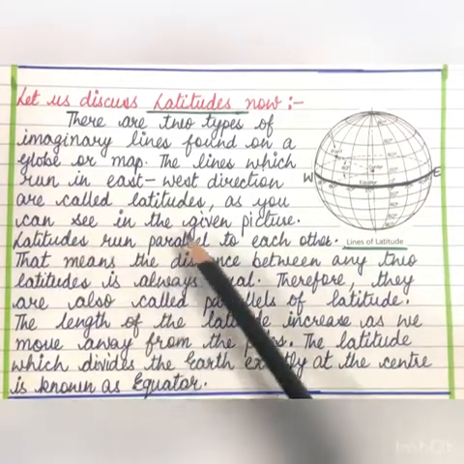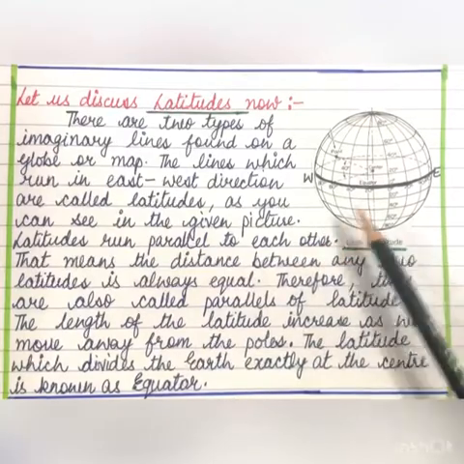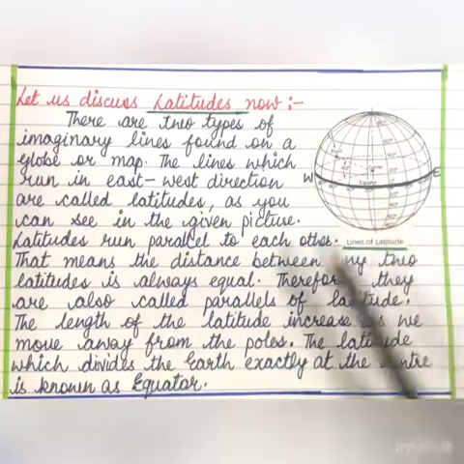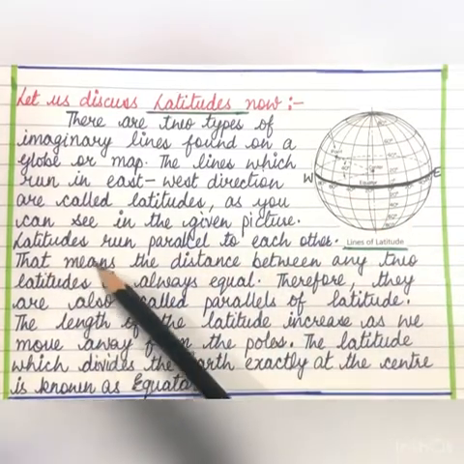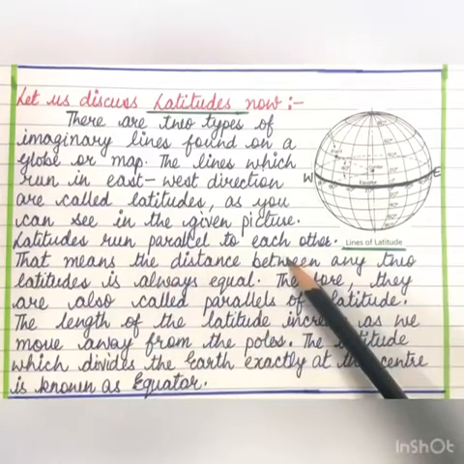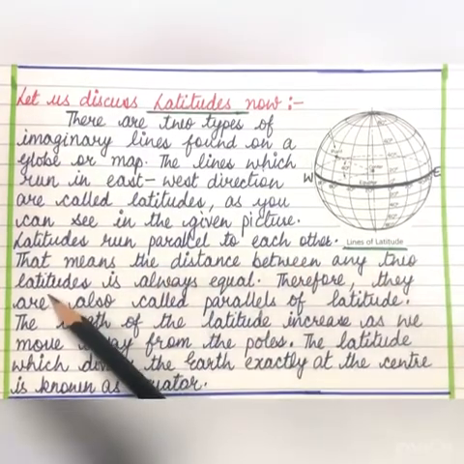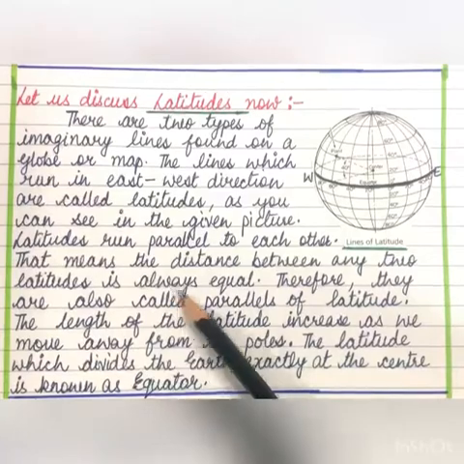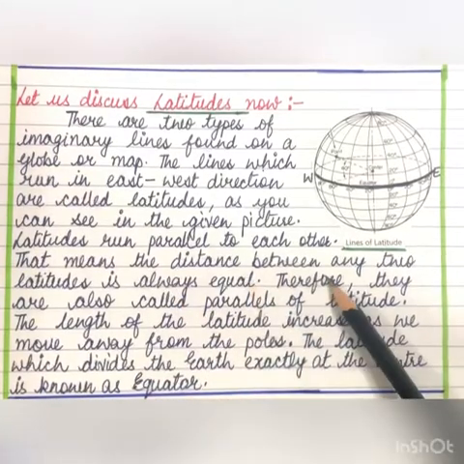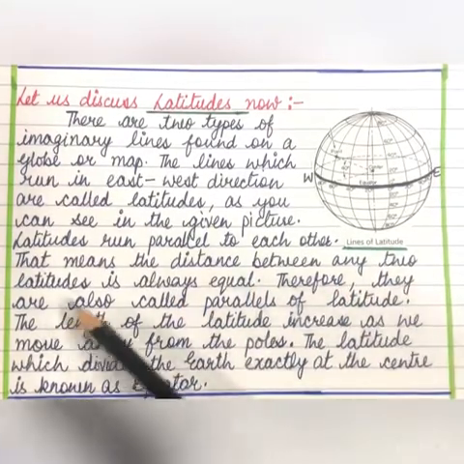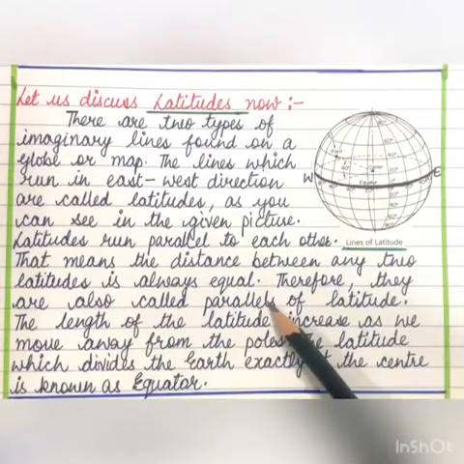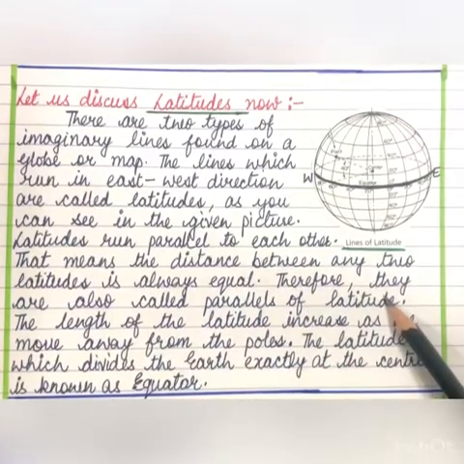Latitudes run parallel to each other. That means the distance between any two latitudes is always equal. Therefore, they are also called parallels of latitude.